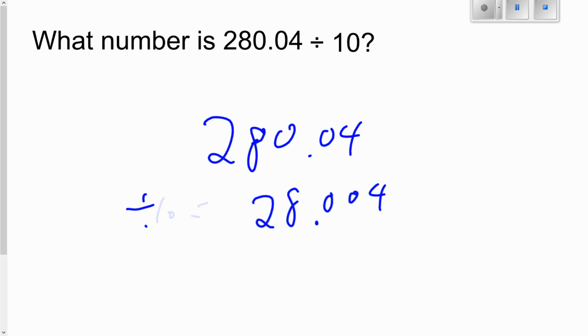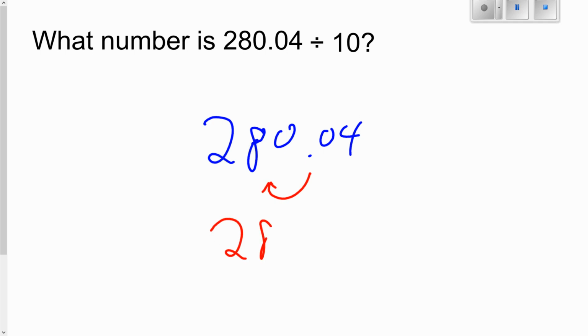If you just want to say, all right, well, if I'm dividing by 10, all the digits are going to move to the right because it's getting smaller. So it's going to look like the decimal moved to the left. So you could just say, all right, you know what? I'm going to go ahead and just move the decimal 1 place to the left to show that it got 10 times smaller. And we might remember this one. 28 and 400ths.